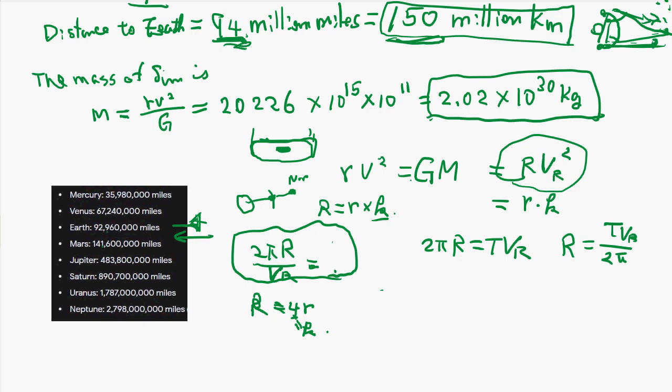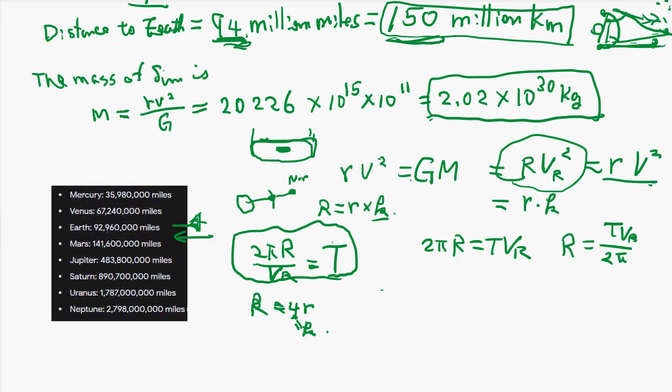Okay, this is 2 pi r, the entire path of the circle, divided by speed. Okay, it's going to give T. Oh, this is correct. Okay, so the VR, this and r v square is equal.